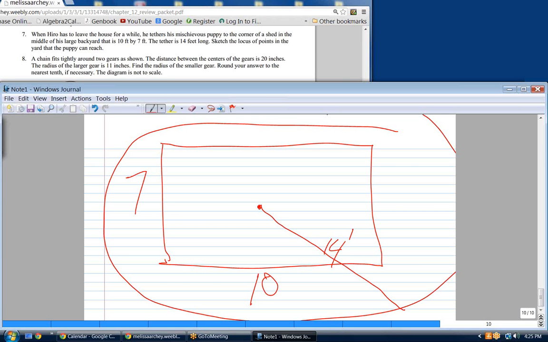Sketch the locus of points in the yard that the puppy can reach. Well, if we want to write the equation of this circle, we're going to assume that the center's at the center of our grid, and the equation would be what?